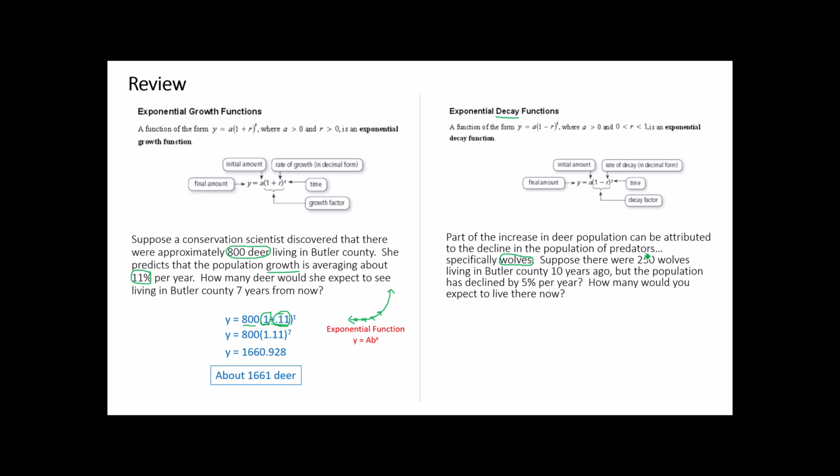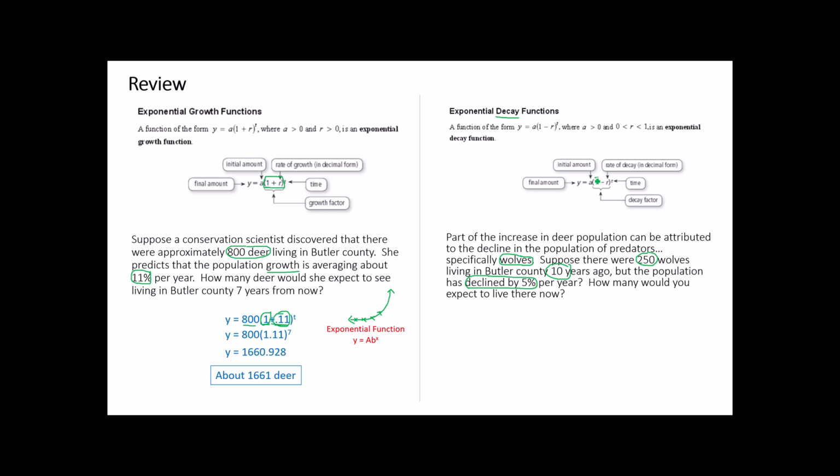Suppose there were 250 wolves living in Butler County 10 years ago, but the population has been, here's the key, declining by 5% each year. How many would you expect to live there now? Notice in an exponential growth equation, we start off with 100% of our population, and we were growing, in this case, by 11%.